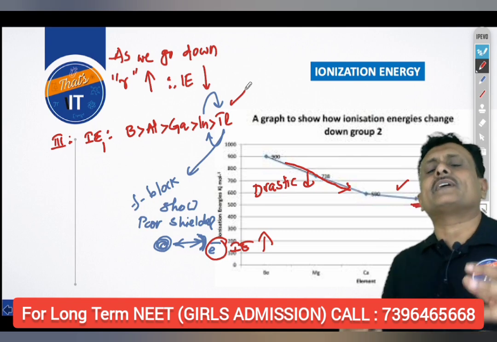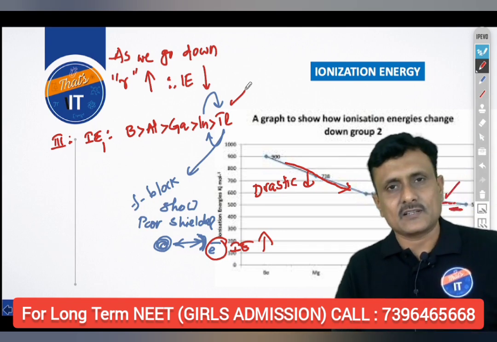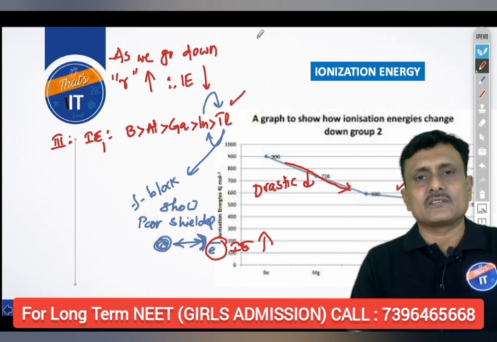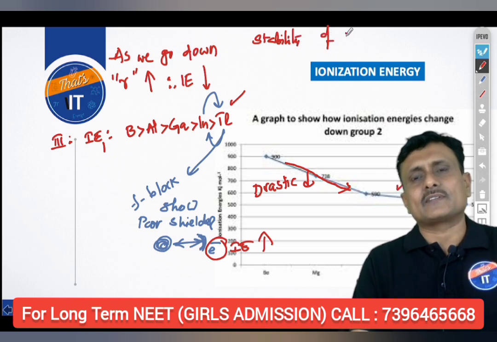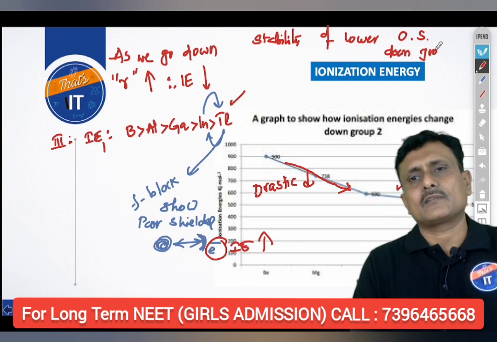Alright, so such abnormalities can be explained by using the screening effect or shielding effect. This can even later be expanded to the stability of lower oxidation states down the group. Very important.